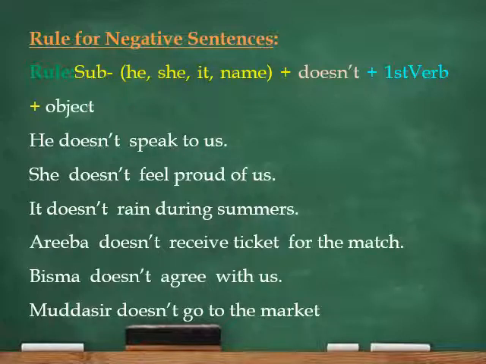Let's have a look at the examples. He doesn't speak to us. She doesn't feel proud of us. It doesn't rain during summers. Ariba doesn't receive ticket for the match. Bisma doesn't agree with us. Mudassir doesn't go to the market.